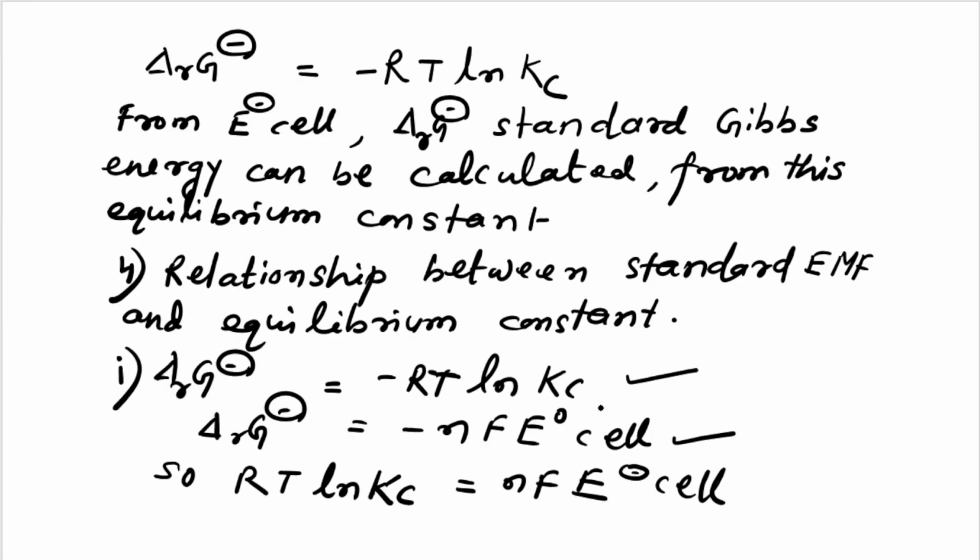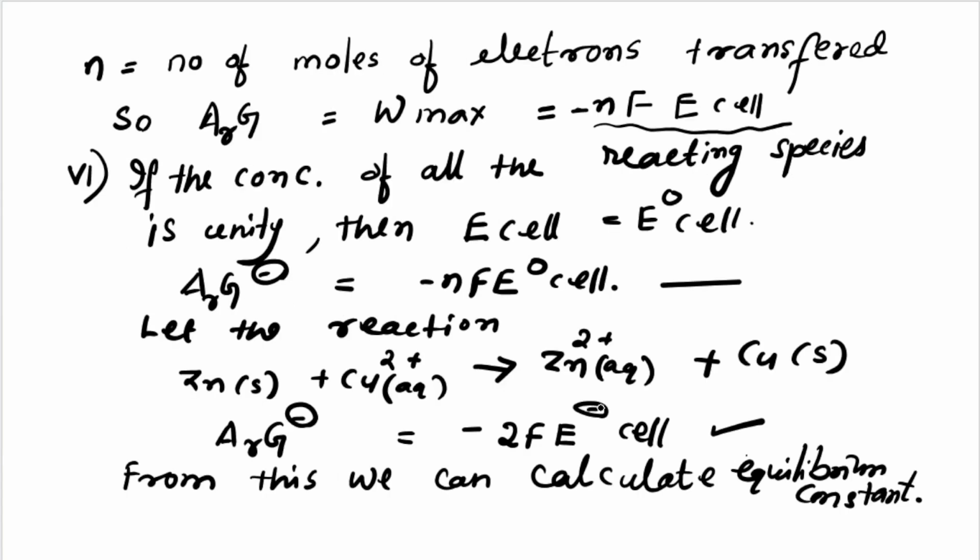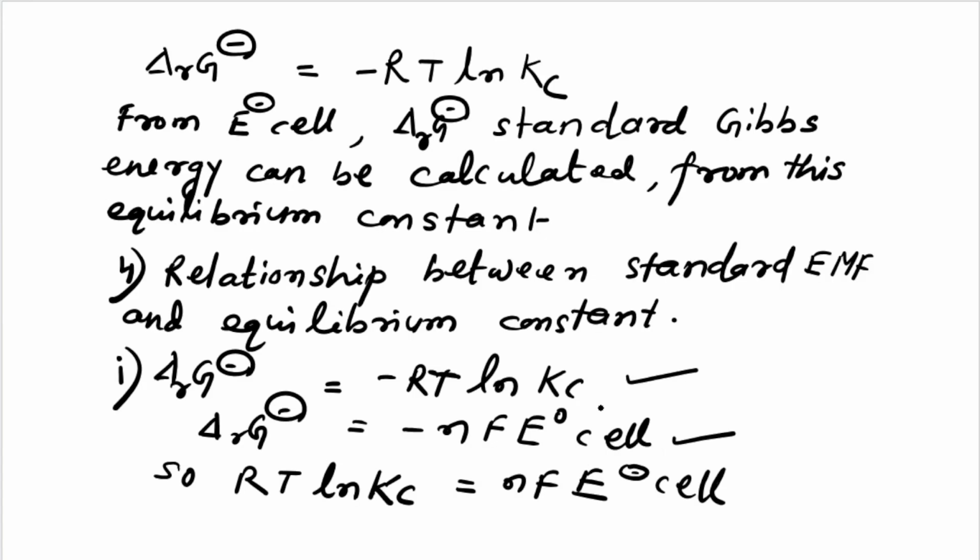Now ΔrG0 means the Gibbs energy, that is ΔrG0 equal to -RT ln Kc, because this value is equal to -nFE0 cell, and that is equal to -RT ln Kc. So ΔrG0 equals -RT ln Kc.